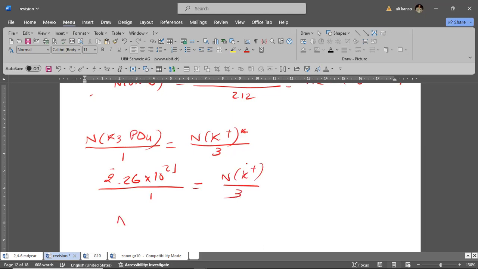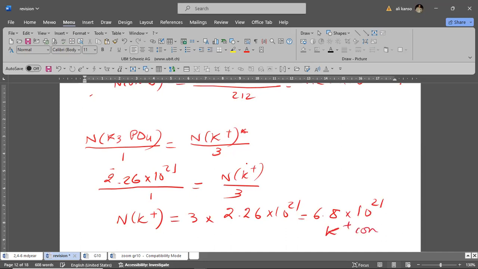What is K plus equal to? We multiply 3 times 2.26 times 10 to 21 and we get the answer. 3 times 2.26, we get 6.7 or 6.8 times 10 to 21 cations, K plus ions. This is the cation.